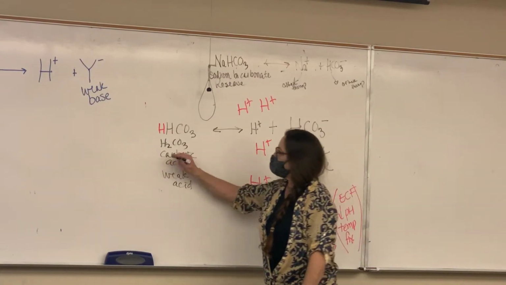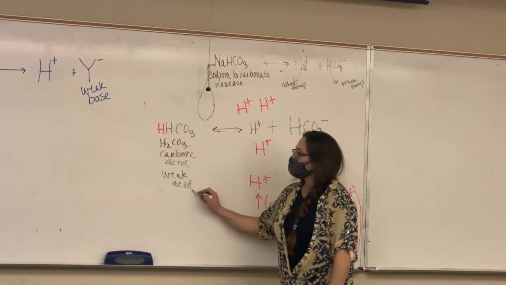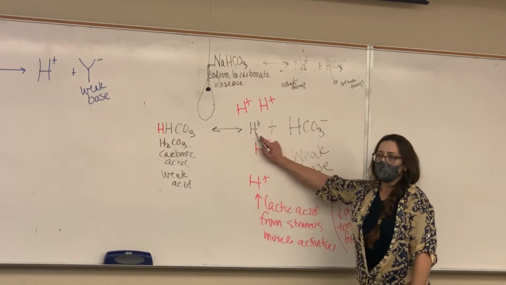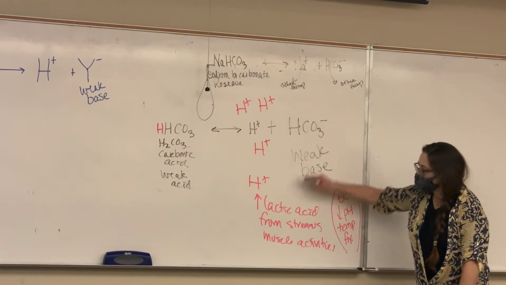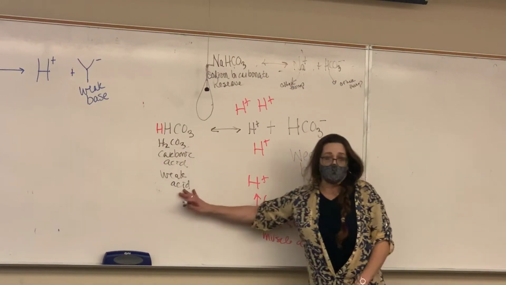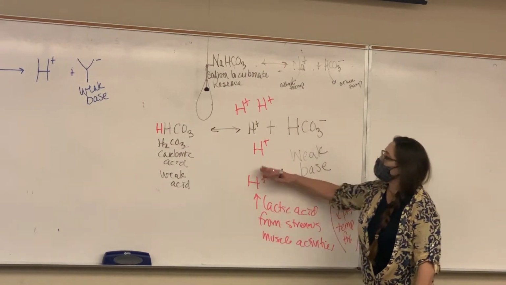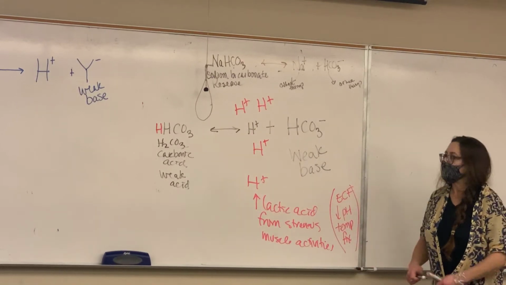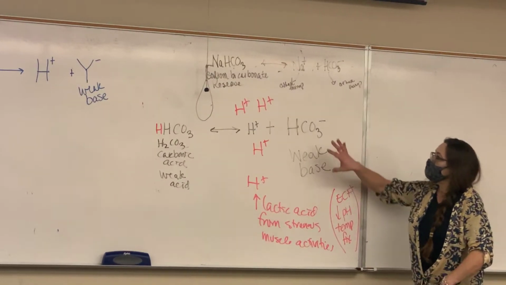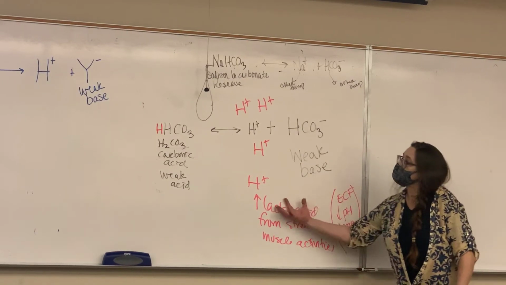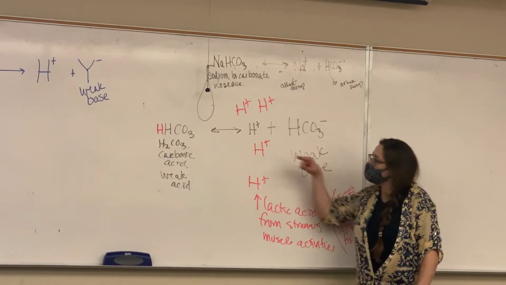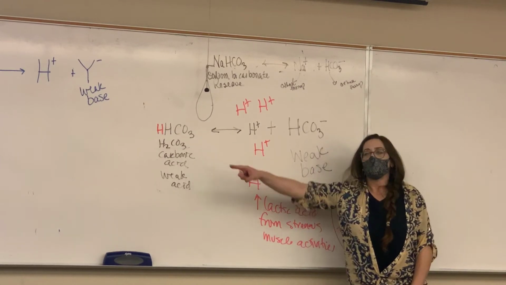So carbonic acid can act as a weak acid by releasing hydrogens, and then you would have your anion. In our situation here, it's definitely not going to act as a weak acid because we have way too many hydrogens. In our example, this buffering system is going to act as a weak base and absorb these hydrogens and drive this reaction to the left.